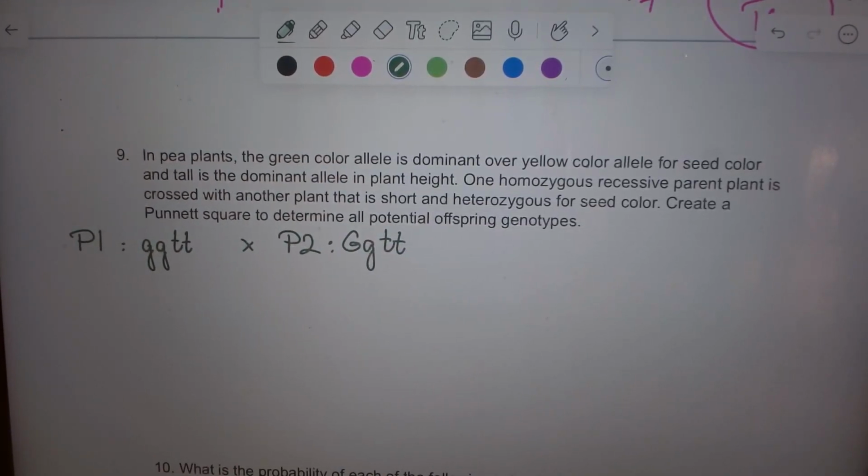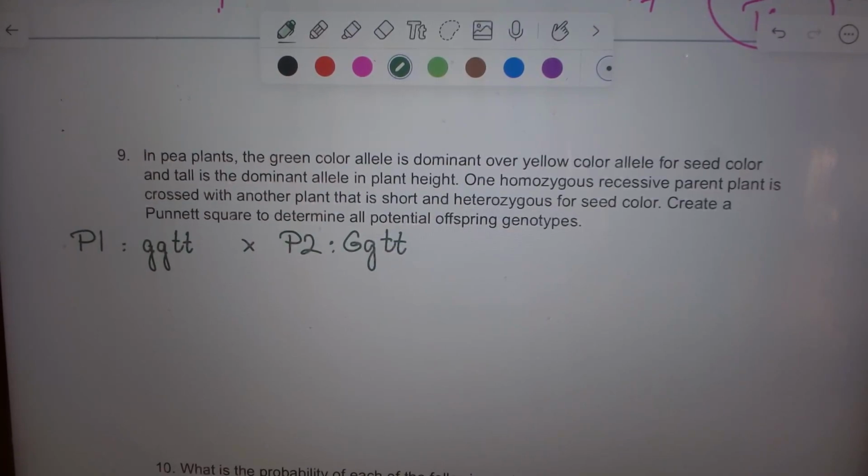Create a Punnett square to determine all potential offspring genotypes.